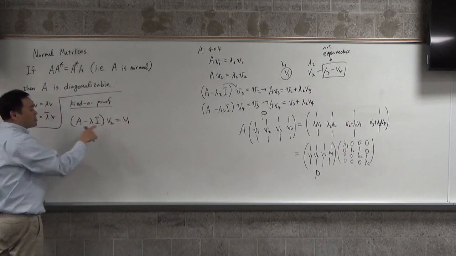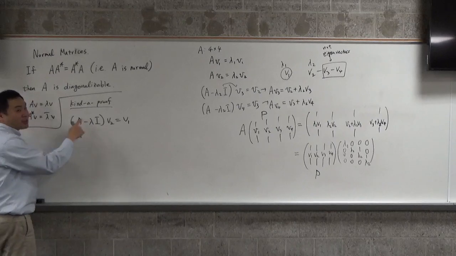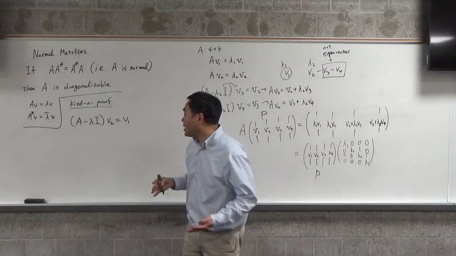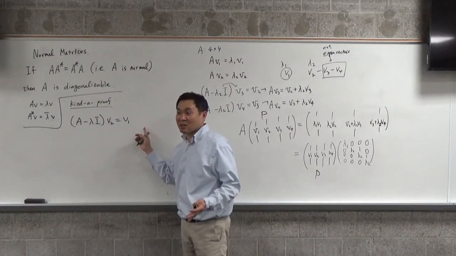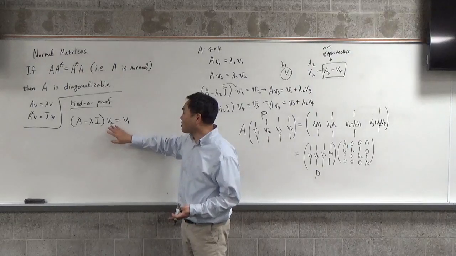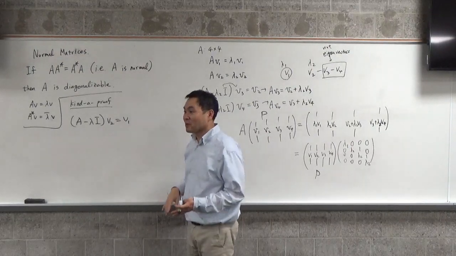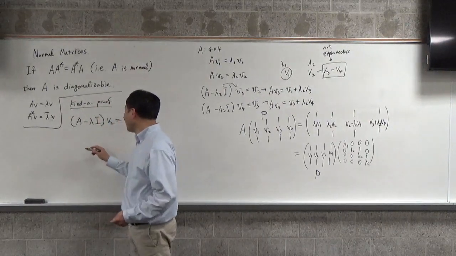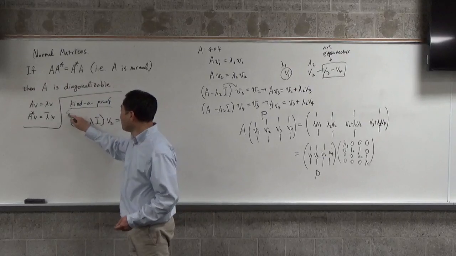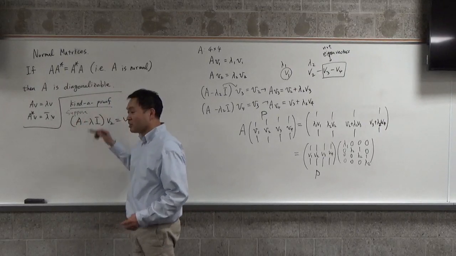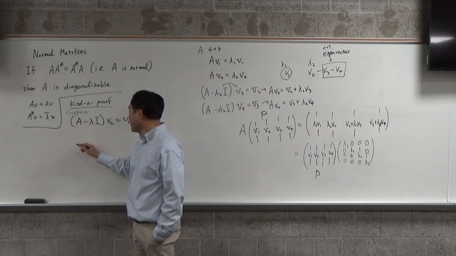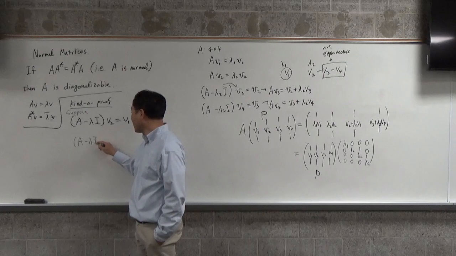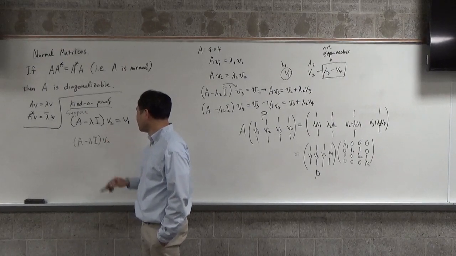So let's say V1 is the eigenvector for A with lambda as the eigenvalue. And you couldn't find sufficiently many eigenvectors so that V2 is a generalized eigenvector. I just want to show that such a case wouldn't exist. Okay. So the way we do this is we take A minus lambda I V2.